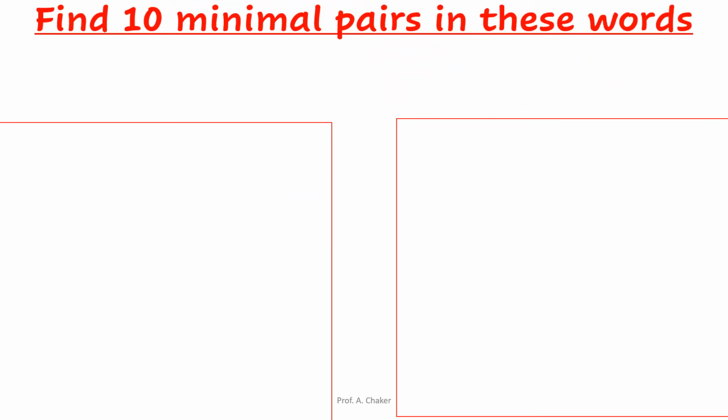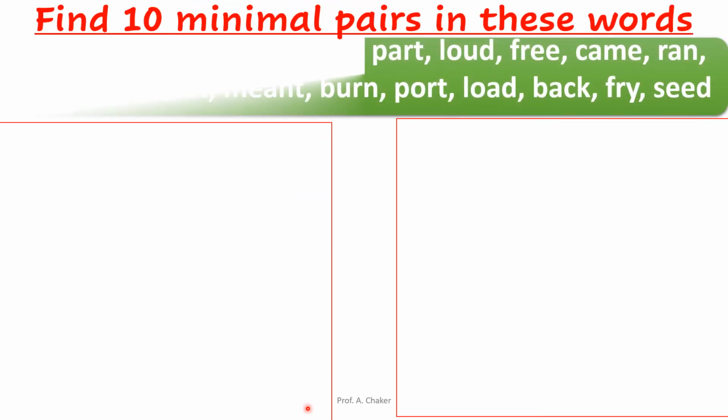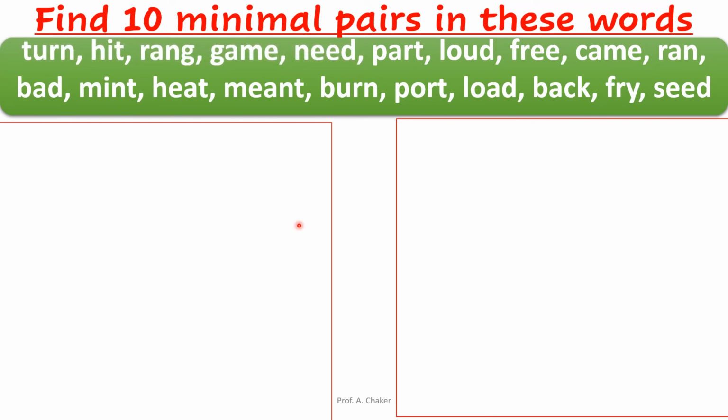Right, I will give you a list of words. Find 10 minimal pairs in these words. So, pause the video, do the exercise, then check your answers. Hit, heat. You see? Hit, heat.